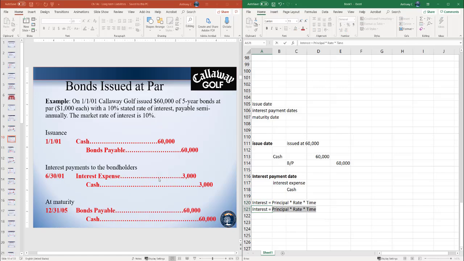Our interest here is equal to our principal of $60,000. Our rate here is the stated rate of interest, because the amount of interest paid on each interest payment date is stated on the bond. So use the stated rate of interest. Right, and then the interest payments are made semi-annually, so the time variable here is half of a year, which should get you to $3,000. So you're making debits and credits here for $3,000 each.